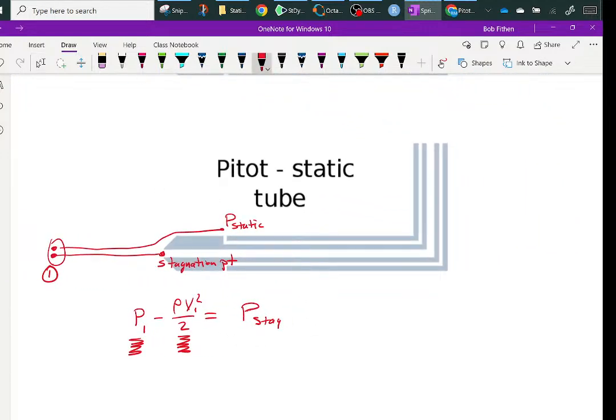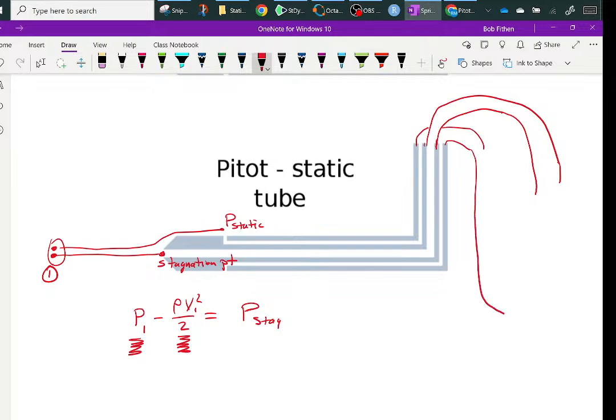So you think about it. Let's say, I'm not sure I can do a decent job, let's say you had a pipe that went here. So this is connected here. It goes down here. And then there's this little pipe that comes off here. And then you put water in here, or mercury, or whatever.